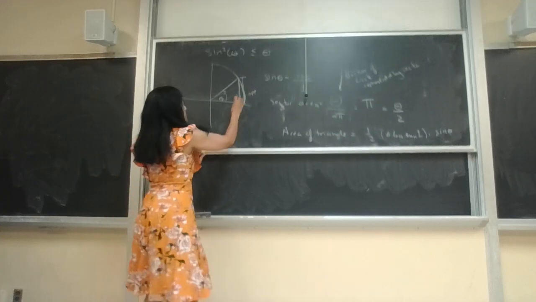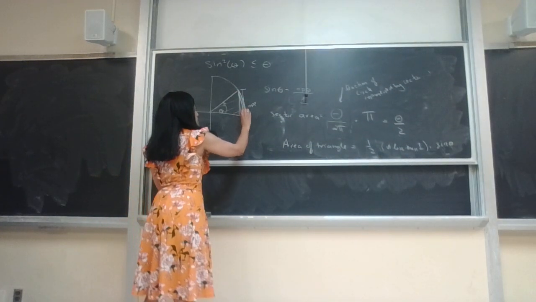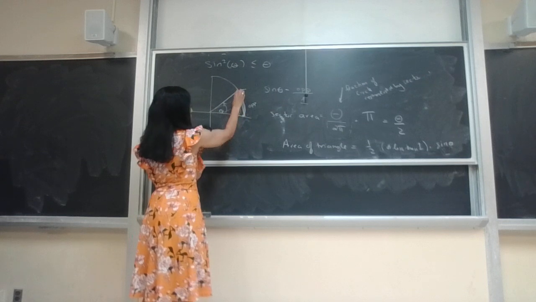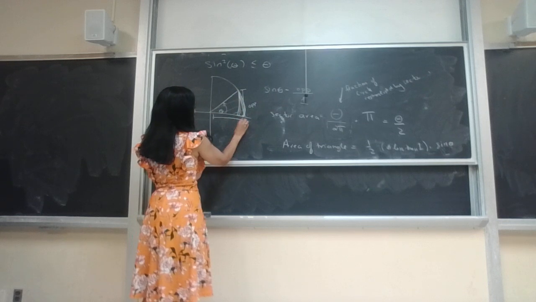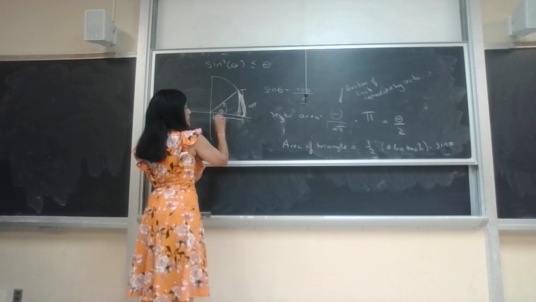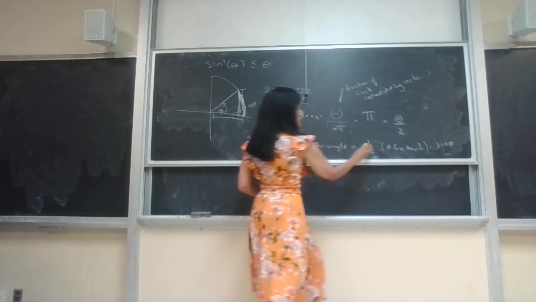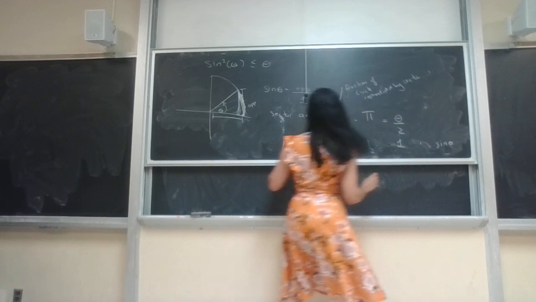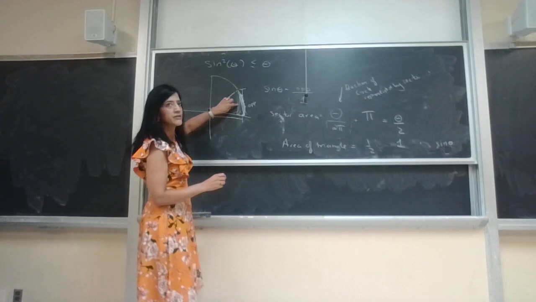My writing's messy. I can also drop down this guy here, and then I have this triangle over here as well. This shaded triangle without the sector. The sector is this piece right here. The shaded triangle has base 1, and the opposite, the height, is going to be sine theta.